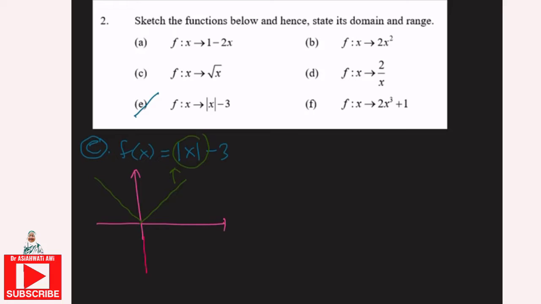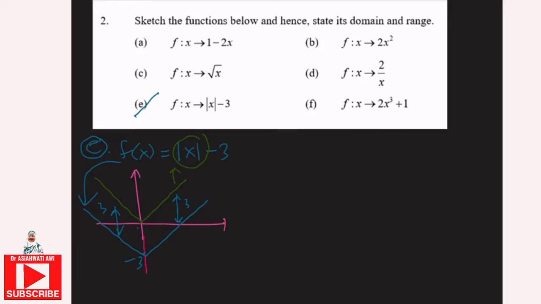So shift 3: 0 minus 3 is negative 3. So the graph is like this, from negative 3 onwards. So between here is actually 3. So this is f(x).